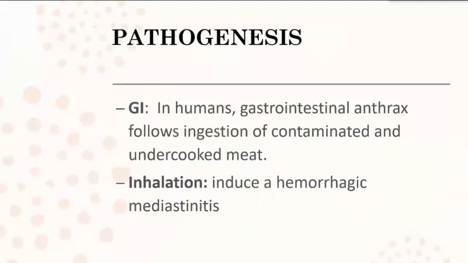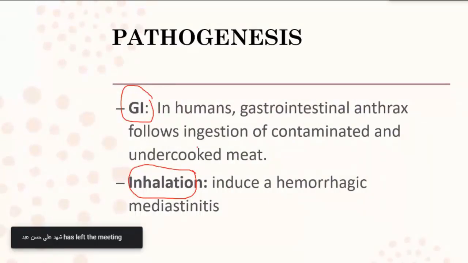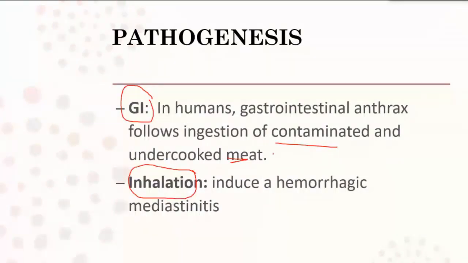Pathogenesis: we have two forms of this disease, either GI anthrax or inhalational anthrax. GI anthrax in humans follows ingestion of contaminated, undercooked meat. So the meat will be responsible for this disease if it is contaminated with the spores of Bacillus anthracis.